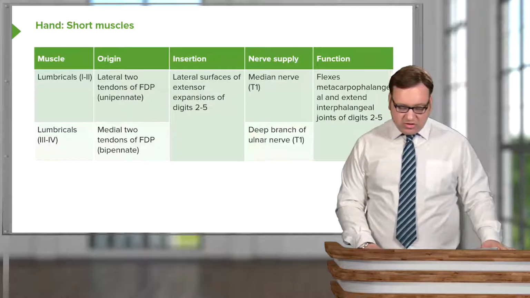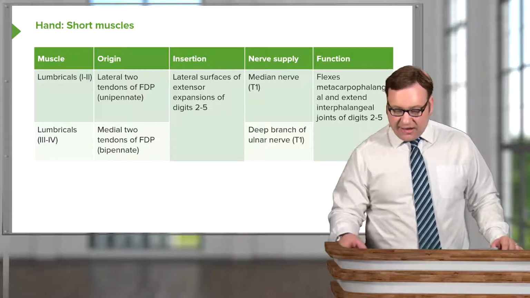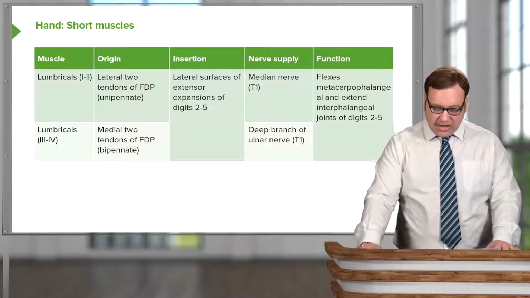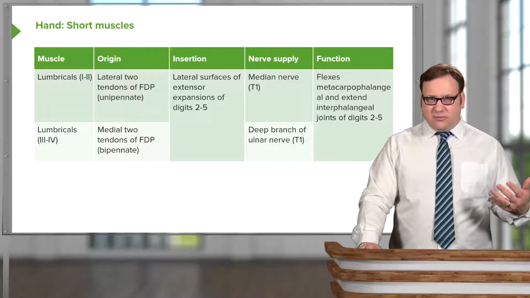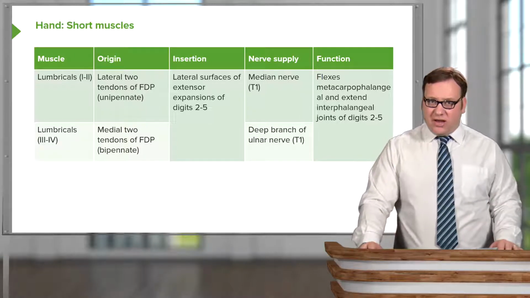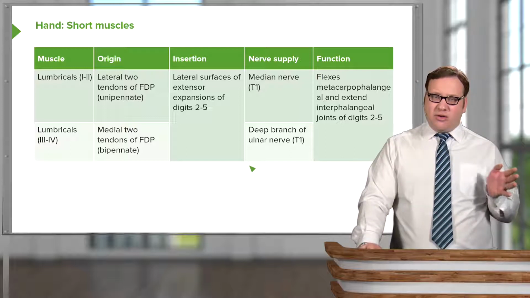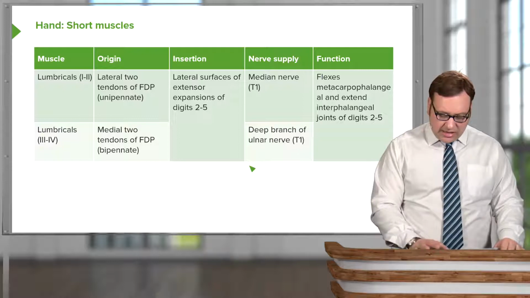So if we now move on to the short muscles of the hand, we can see that we have a whole series of what are known as lumbricals. We have lumbricals going to fingers 2 and 3, known as lumbricals 1 and 2, and lumbricals going to fingers 4 and 5, known as 3 and 4.